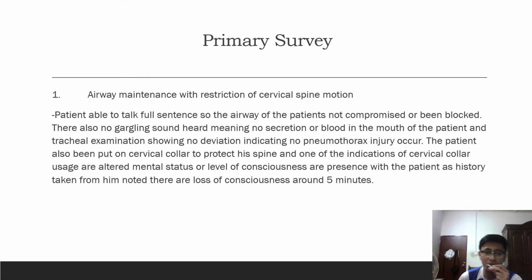The patient was also put on a cervical collar to protect his spine, and one of the indications for a cervical collar is altered mental status or level of consciousness, as history taken from him noted there was loss of consciousness around 5 minutes after the accident happened.